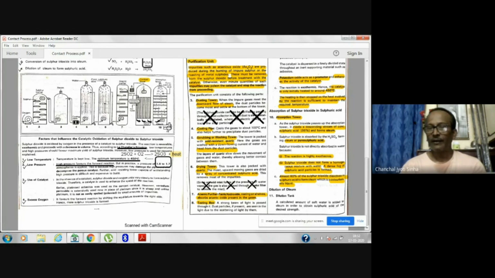It is called number 11, the dilution tank. Here, a calculated amount of soft water is added to oleum in order to obtain sulfuric acid of the desired strength, desired concentration.